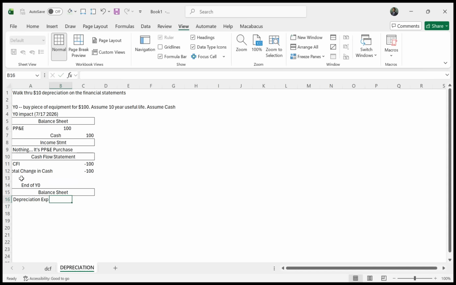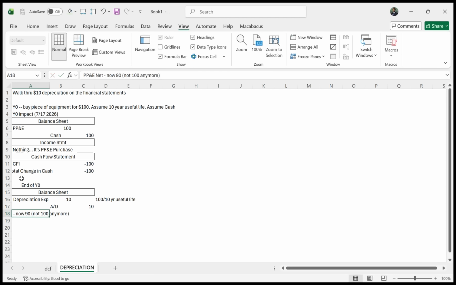It's $10, because it's 100 over a 10-year useful life. That's given. AD, accumulated depreciation, that's 10. So PP&E net is now 90, not 100 anymore.